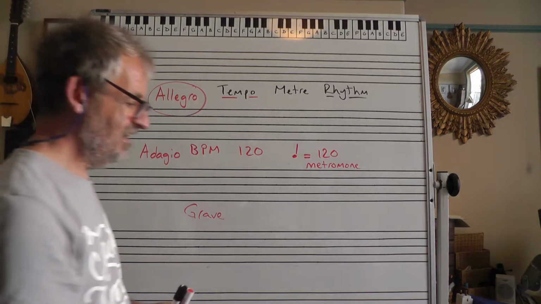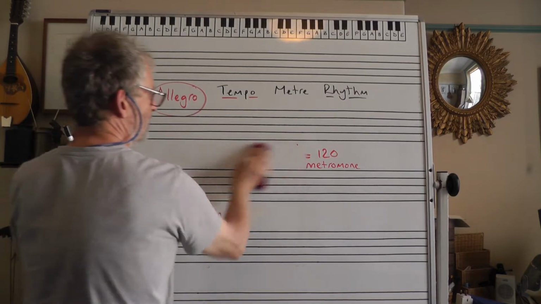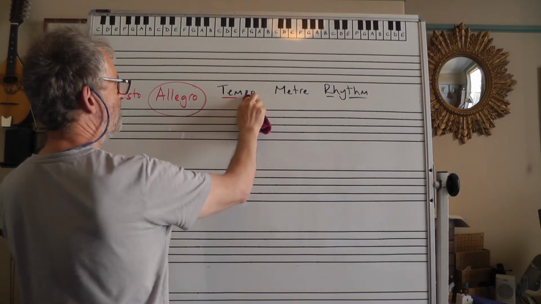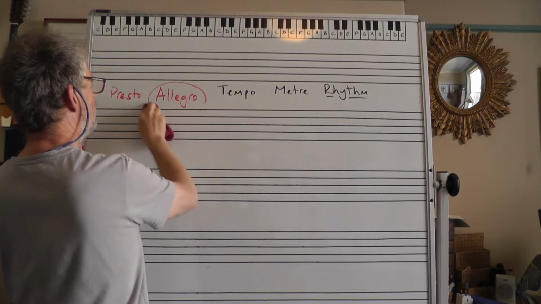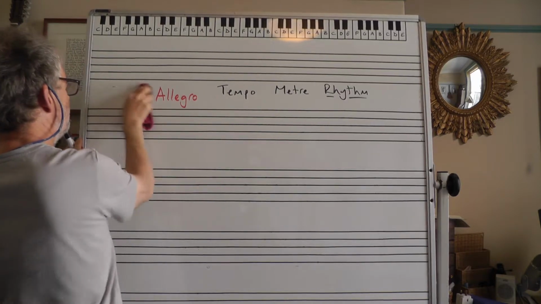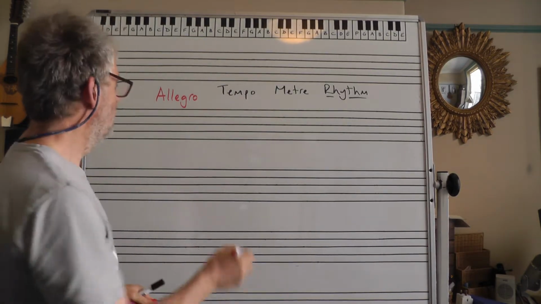Well, wouldn't it be nice if that was the only thing we needed to remember? Well, it is, actually. The only thing we need to remember for tempo in this piece is that it is allegro. But we can squeeze extra marks out of that, because why is it allegro?